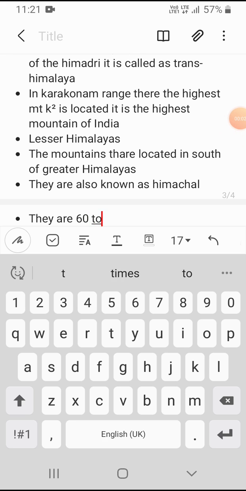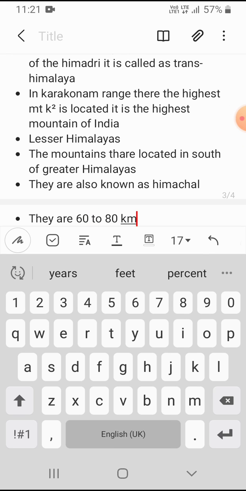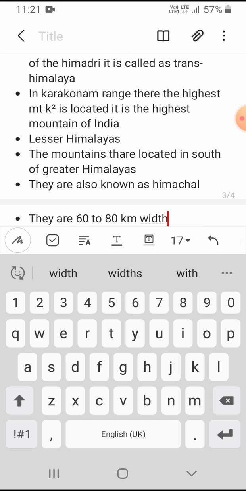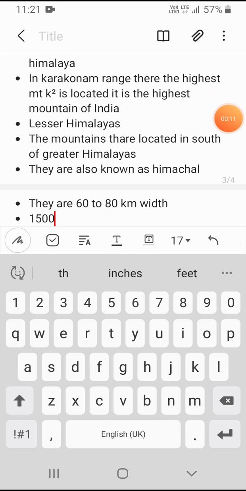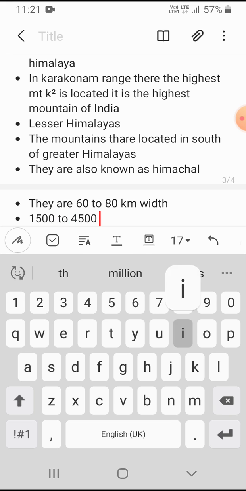The mountains are 60 to 80 kilometers wide, and their height is 1500 to 4500 meters.